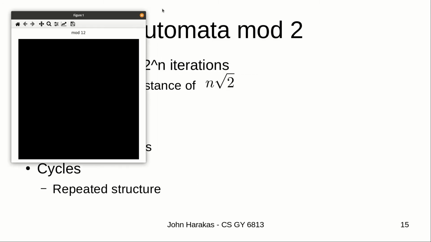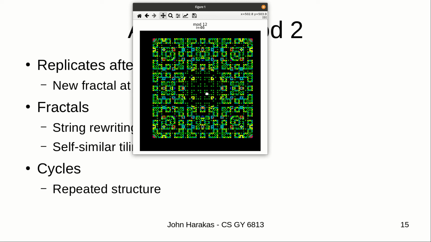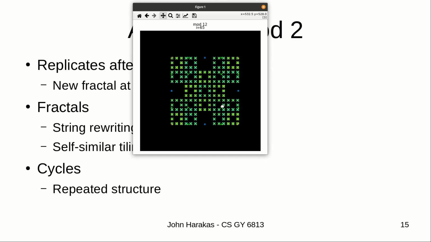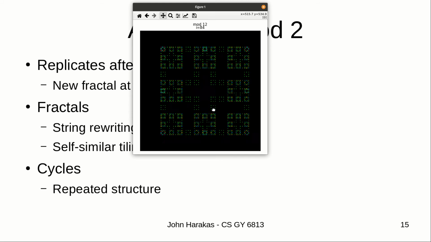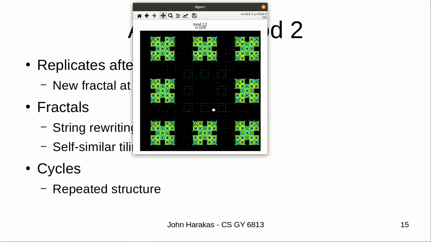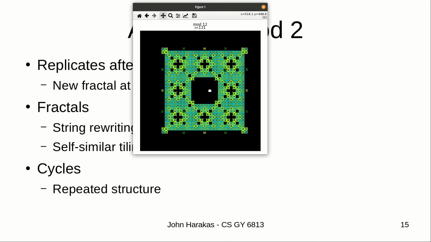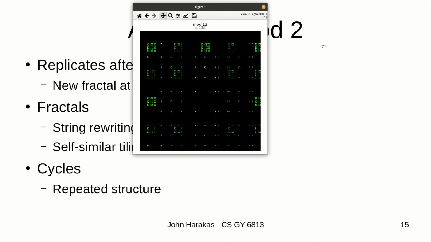Now what happens for something like 12? Let's see. The seizures begin. So this looks kind of noisy at first, but then you start to see how it represents the last two cases, mod 2 and mod 3, and those turn out to be the prime factors of 12.